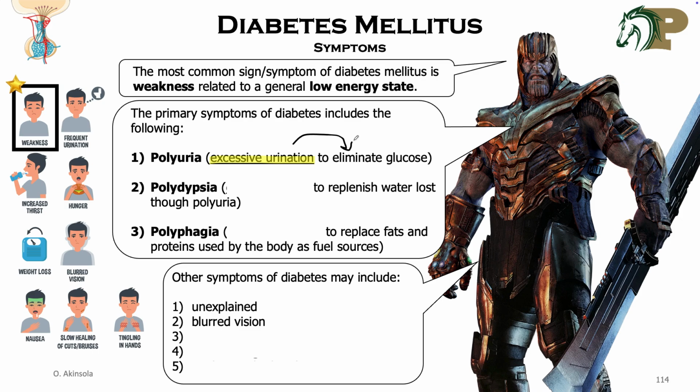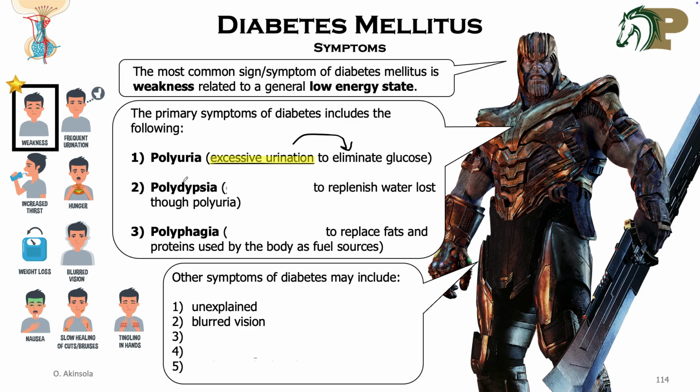So essentially what's happening is the glucose is present in the bloodstream. It makes its way into the urinary system, and the body figures it can eliminate the glucose if the body just pees it off. Okay, so that's why you get that polyuria. Polyuria will then, well, actually, we'll get to that in a second.